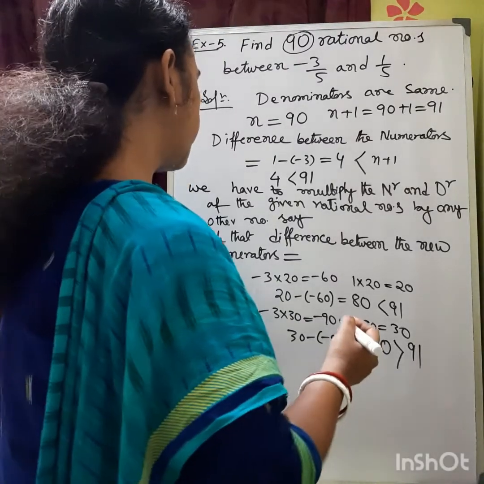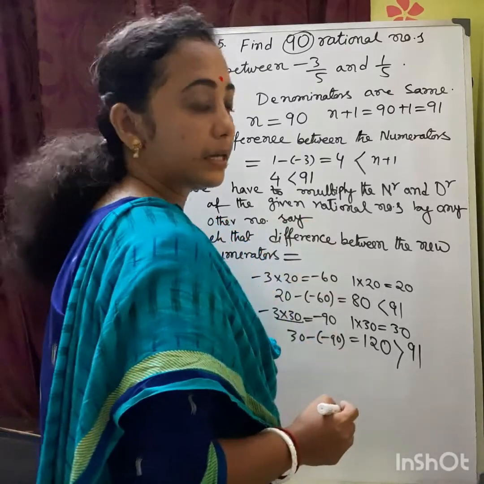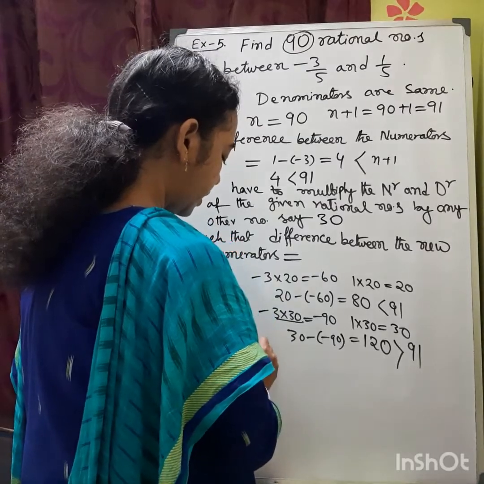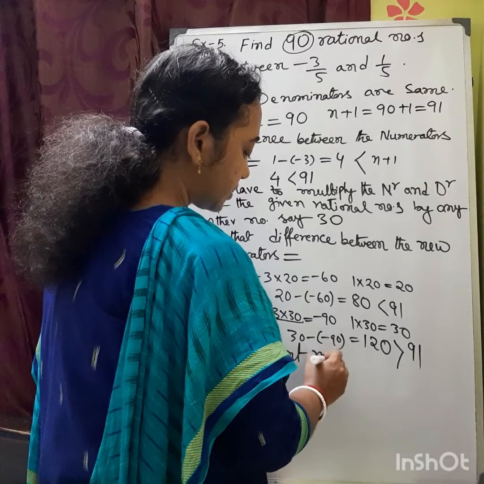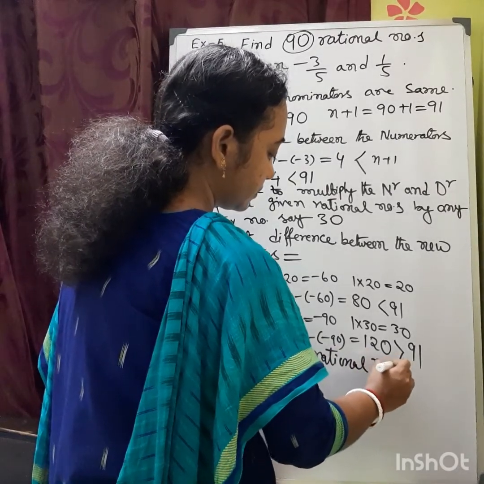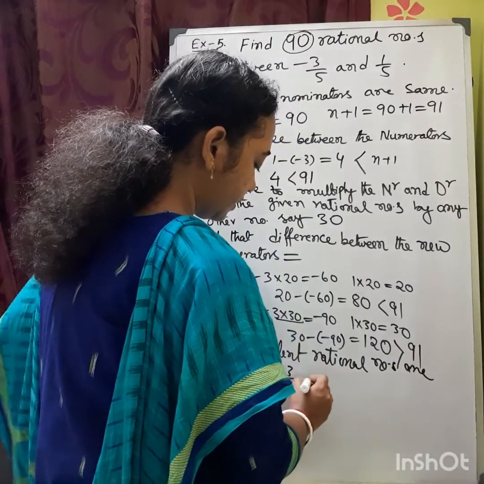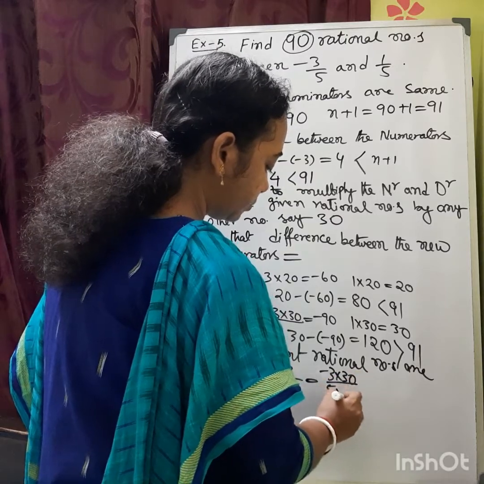So here, for the difference between the new numerators, we will consider the number 30. So the equivalent rational numbers are: the first one is minus 3 by 5, that is equal to minus 3 multiplied by 30 by 5 multiplied by 30.